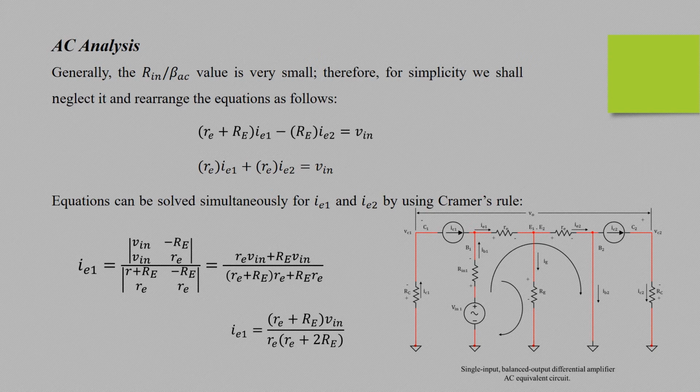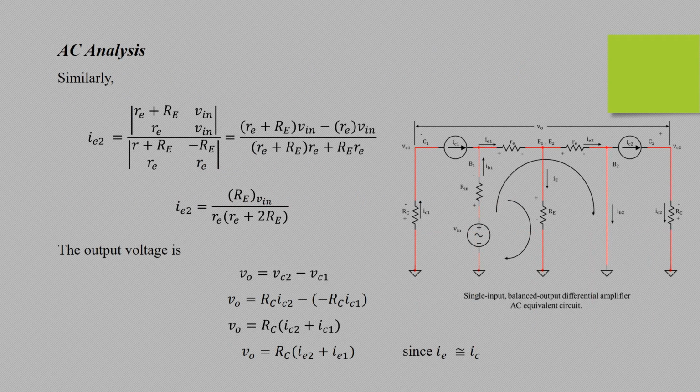Again, using Cramer's rule, we can write IE1 is equal to re plus capital RE into Vin over re into re plus 2 into RE. Similarly, IE2 is equal to capital RE into Vin over re into re plus twice capital RE.